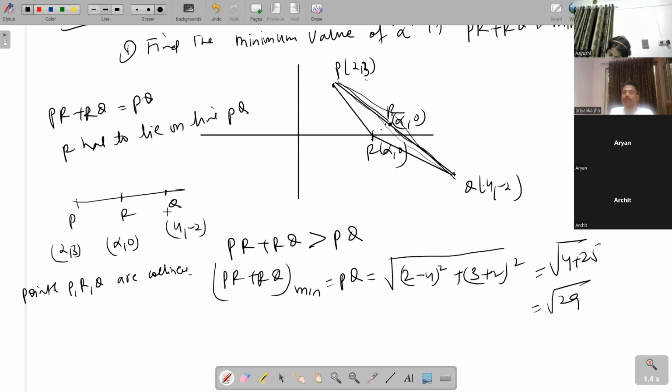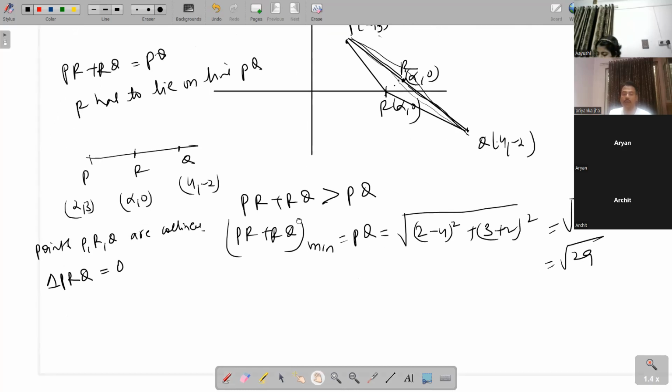But these 3 points are collinear, so we can say that the area of the triangle formed by three collinear points will be 0.